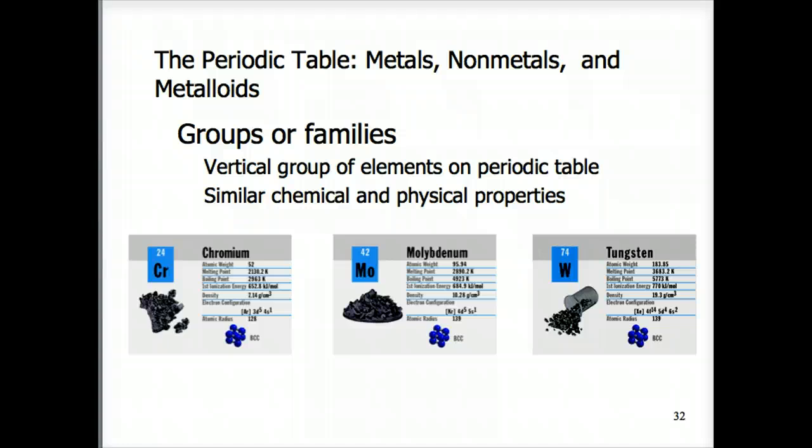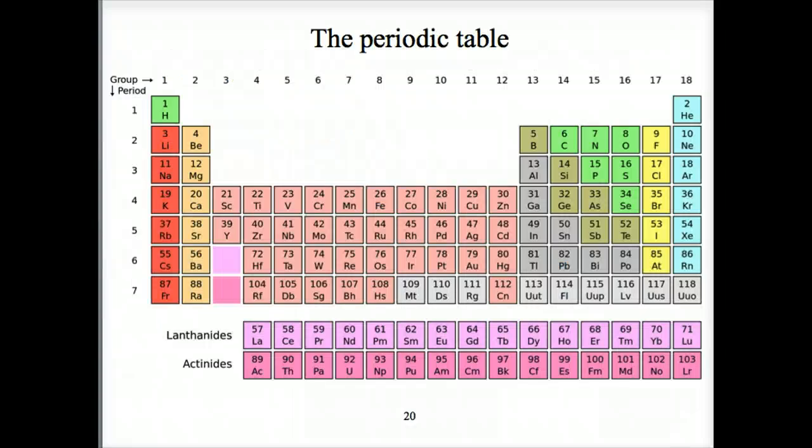If we look at a vertical group or family, one of them in the transition metal row is chromium, molybdenum, and tungsten. And I'll show you those. Chromium, molybdenum, and tungsten are shown here. Chromium, molybdenum, and tungsten, and seaborgium now, and that is in group 6 on a periodic chart.